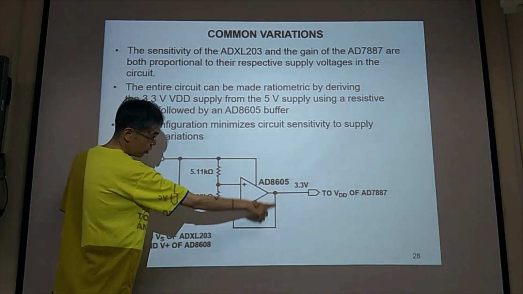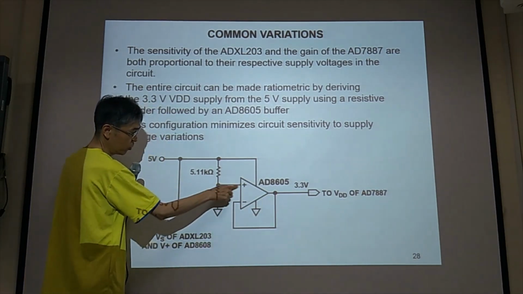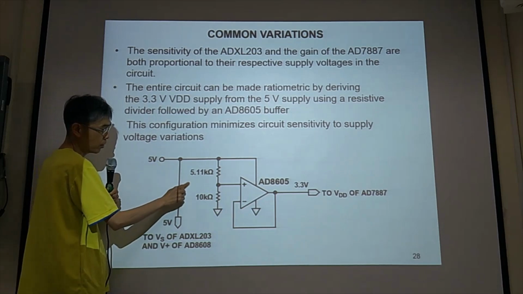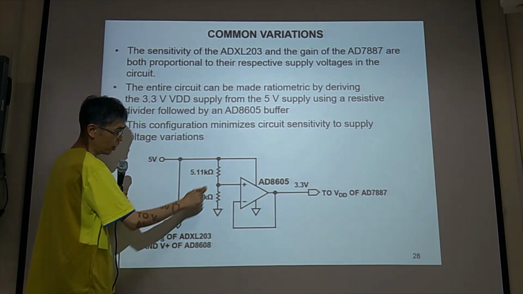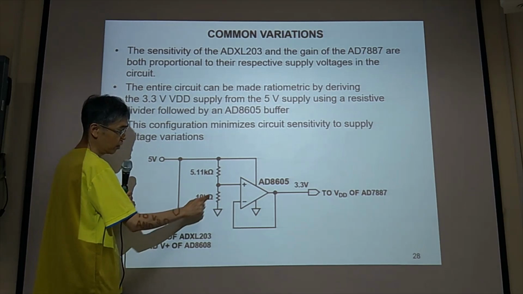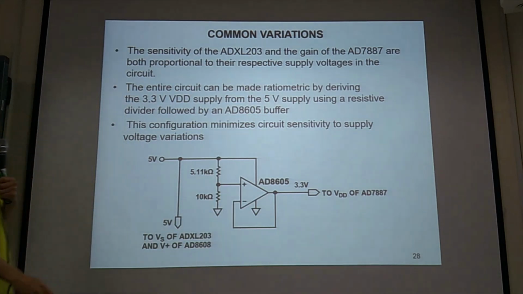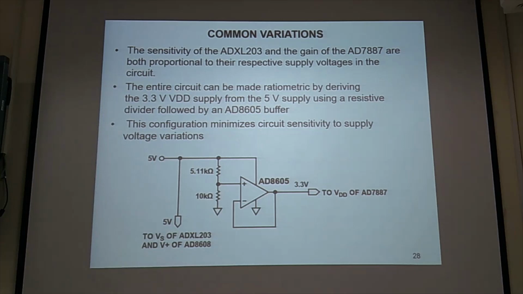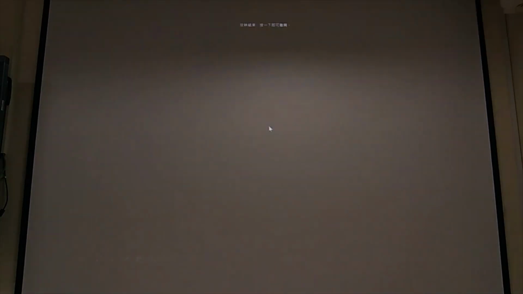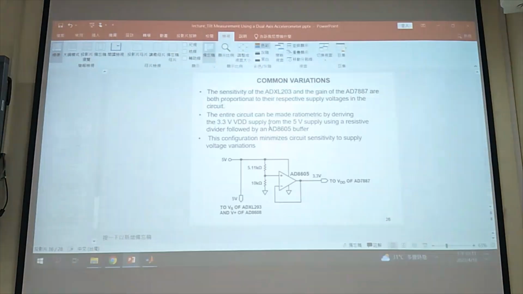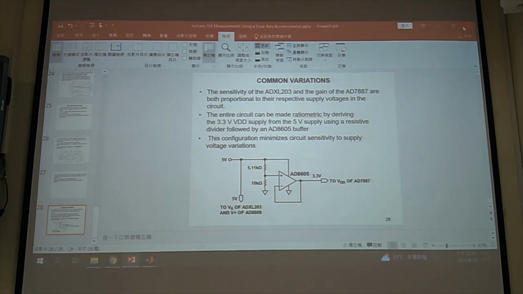So the output equals this one: 5 volt times 5.111K plus 10K divided by 10K, you can get 3.3 volt output. Do you understand? Okay. So let's continue to the next lecture.